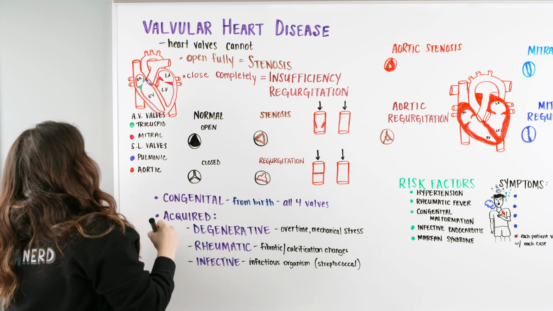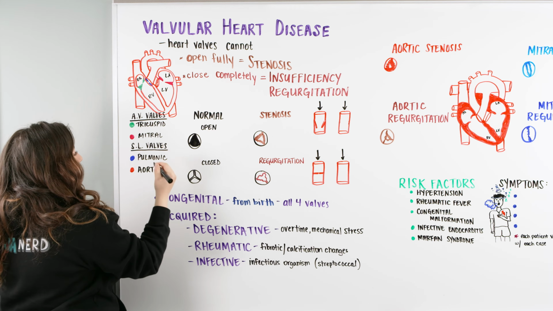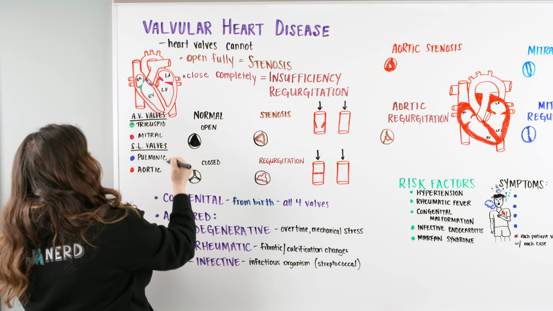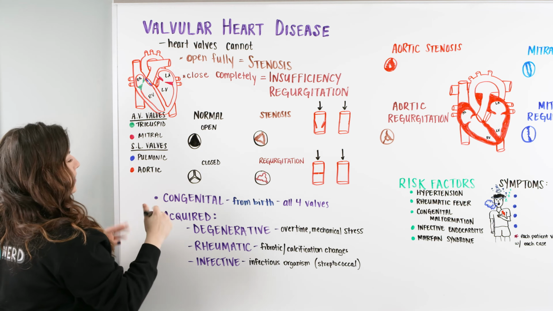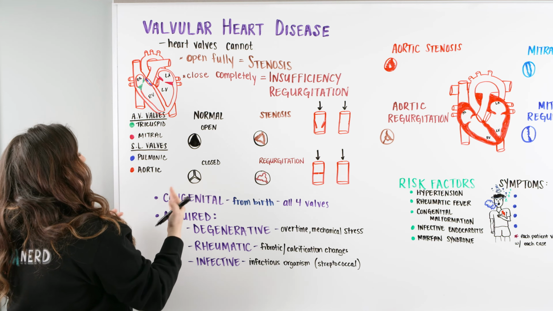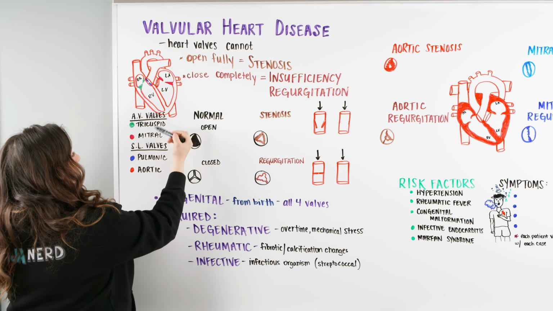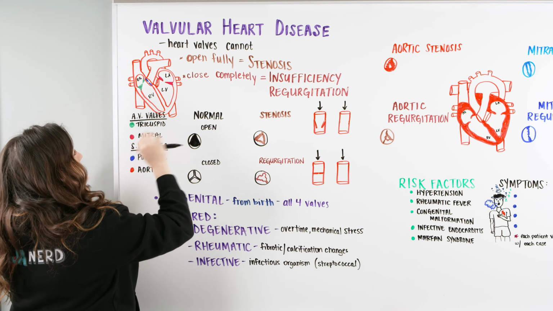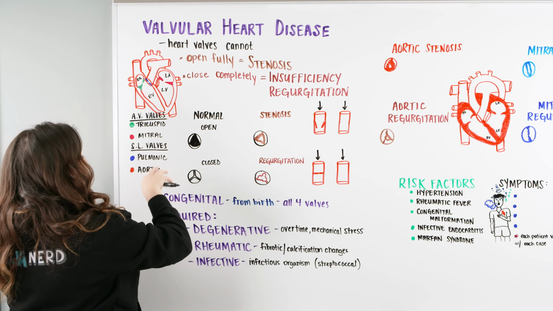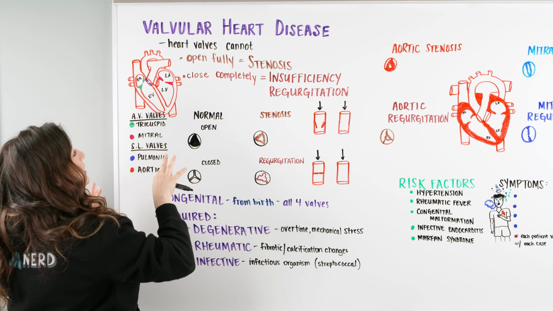So of these four valves, we have the atrioventricular and the semilunar valves. The tricuspid and the mitral close together at the same time, and the semilunar valves, the aortic and the pulmonic, close together at the same time.